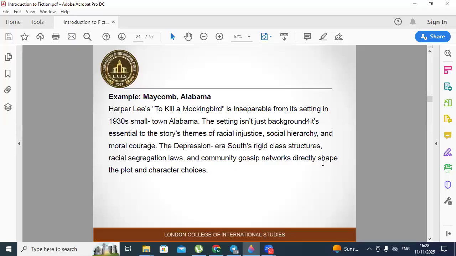The physical environment reinforces themes. The summer heat creates an oppressive atmosphere, echoing social oppression. The tired old town with its specific architecture embodies the South's history and stagnation.